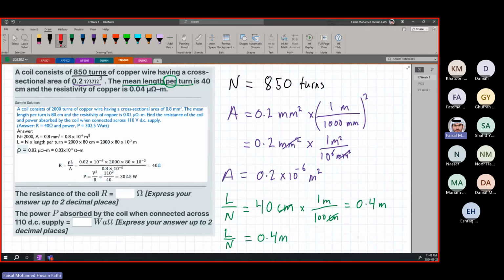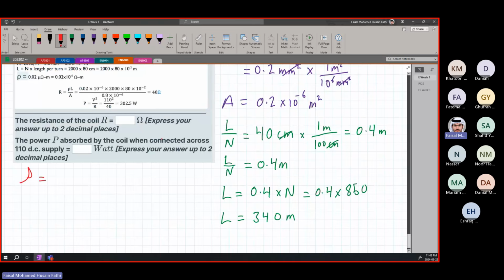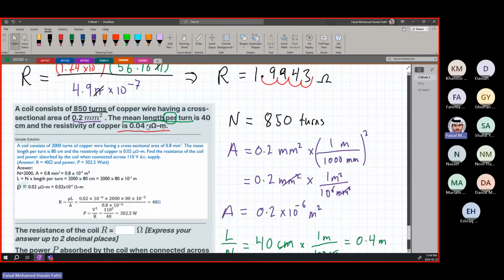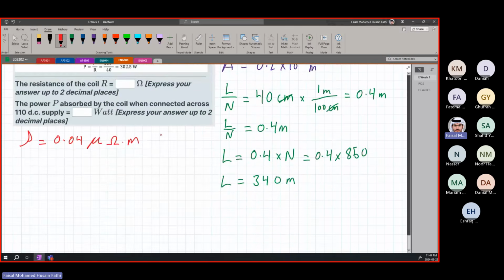The resistivity of the copper wire is 0.04 micro ohm meters. So rho is equal to 0.04 micro ohm meter. Notice one thing here. There is a micro in the unit. So this micro we need to get rid of. We need to convert it into just ohm meter. Same exact idea. 1 meter is equal to 10 to the power of 6 micrometers.